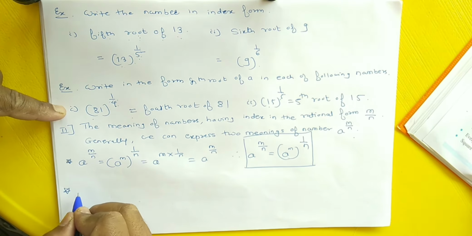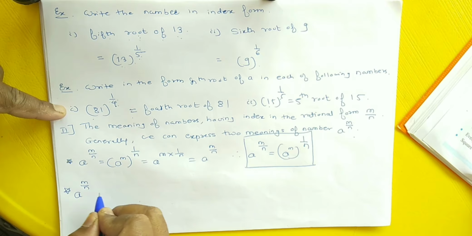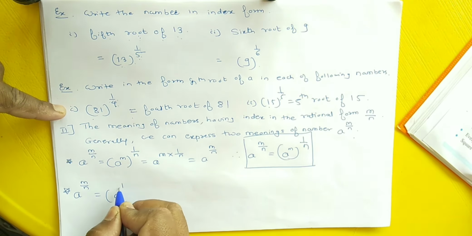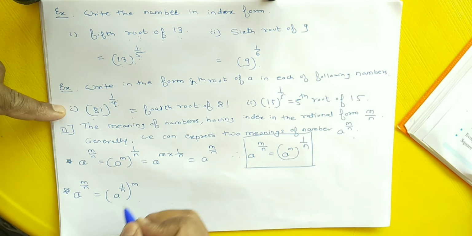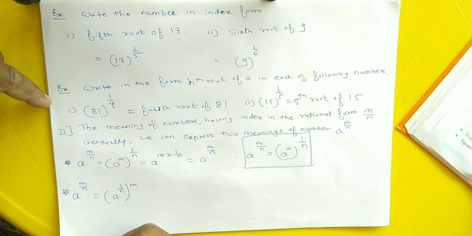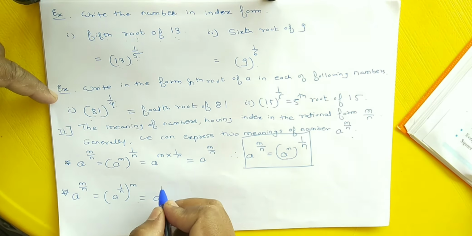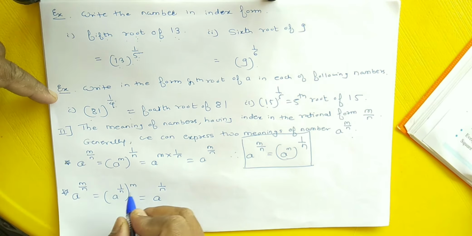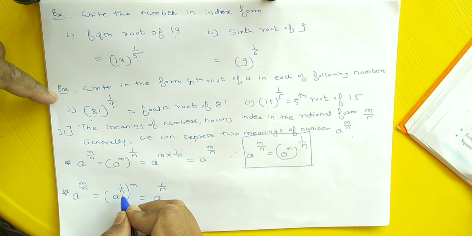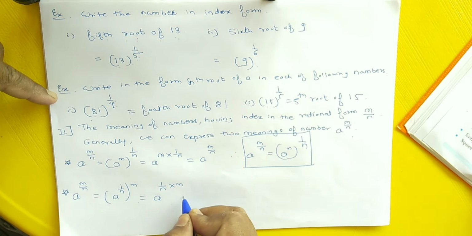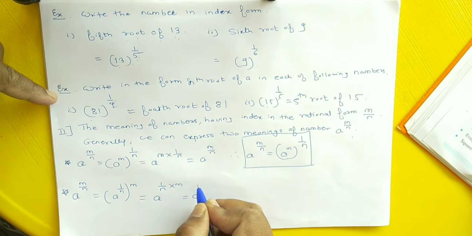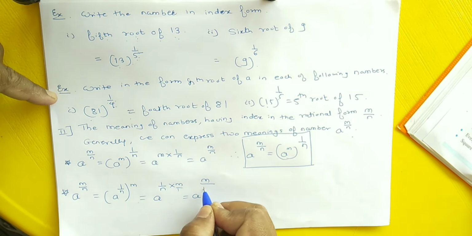Second, can we write again a to the power m upon n, but instead of m here I am writing 1 upon n to the power m. So the meaning is the same, only positions are changed. Again, using the law of indices, there is a multiplication of powers, so 1 upon n into m becomes numerator into numerator, denominator into denominator.